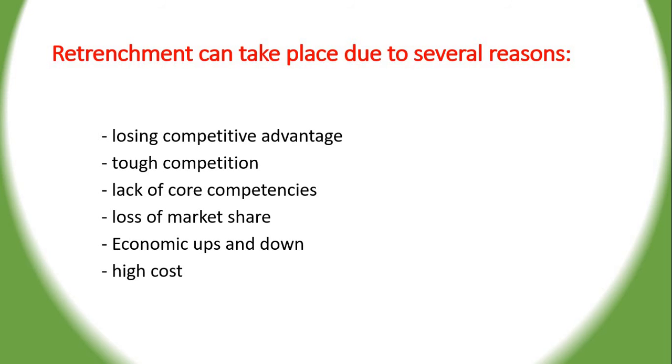Due to cost leadership and economies of scale, they have benefits, and the other company is having a high cost of production. So due to the high cost of the production in that industry, the company cannot compete or cannot survive. They are forced to retrench, stop their operations, or completely finish that strategic business unit.